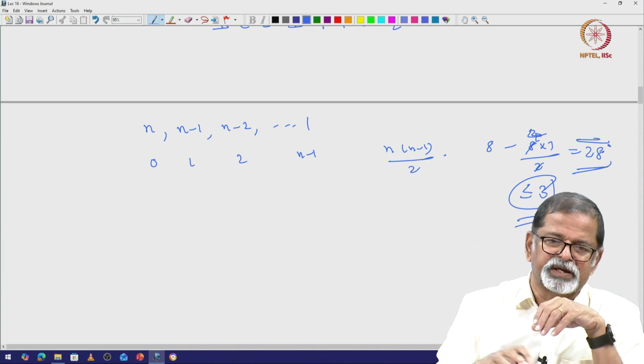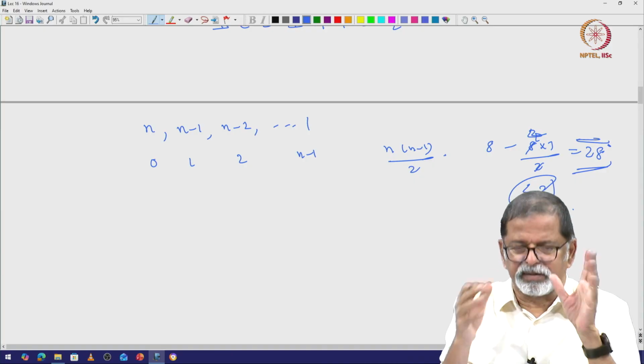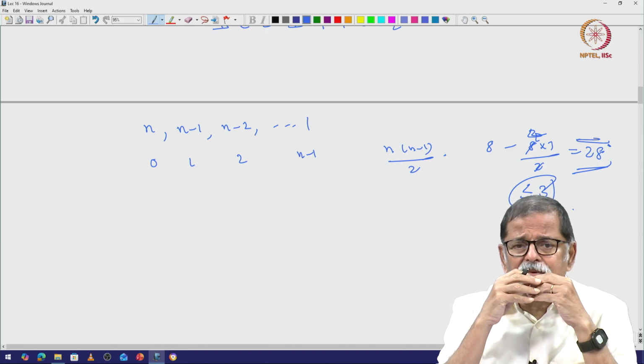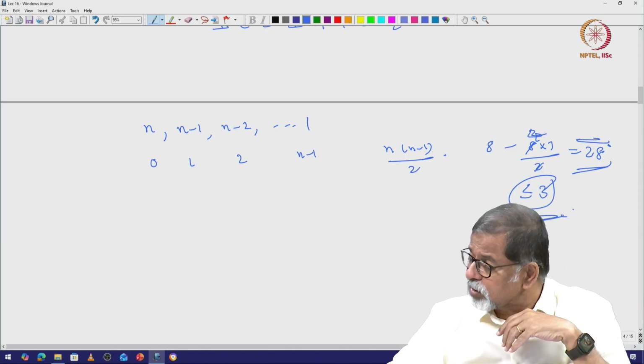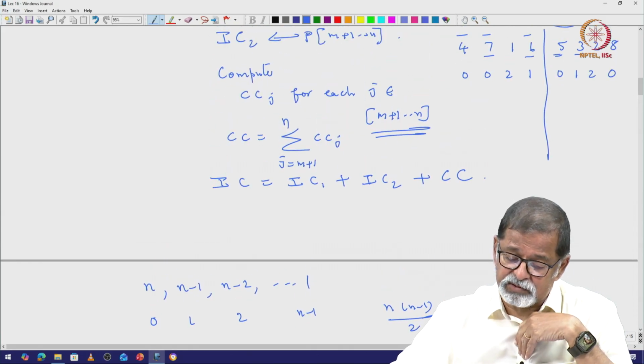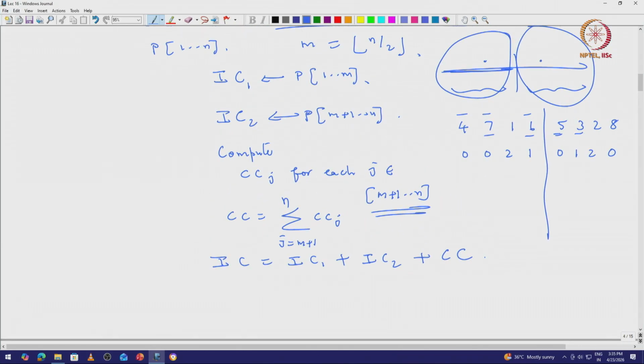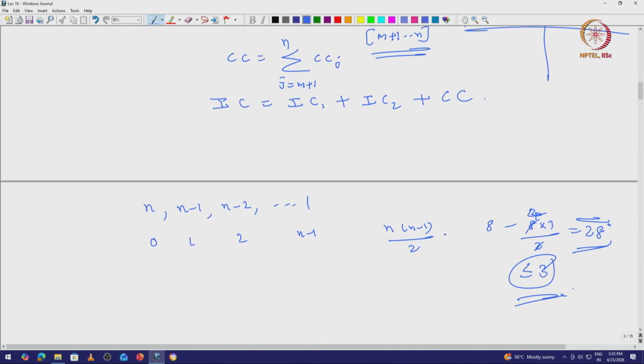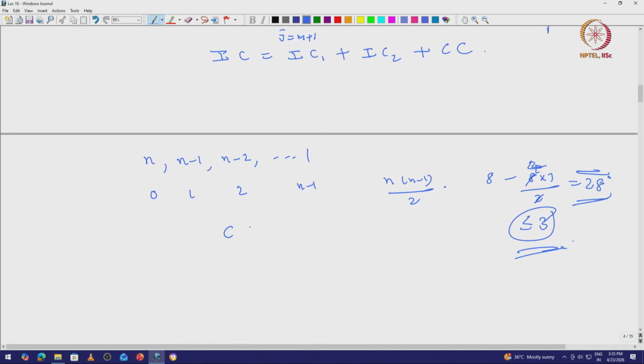And because of the interesting application I presented it this way. Now, if I have to find the cross count, this is where the problem comes. What I did was, for every element I scanned all the elements in the left, figured out which of them are larger, which of them are smaller. So, that way cross count may take n by 2 times n by 2.